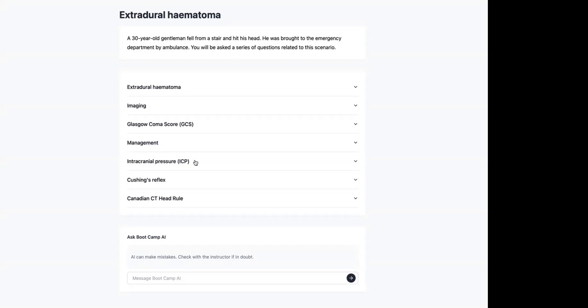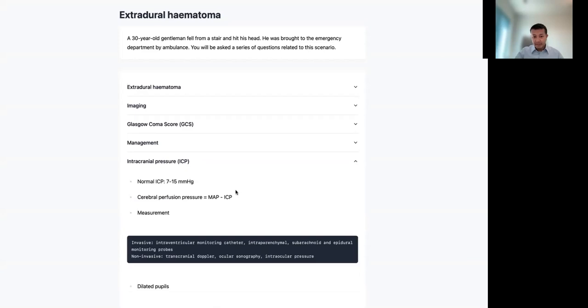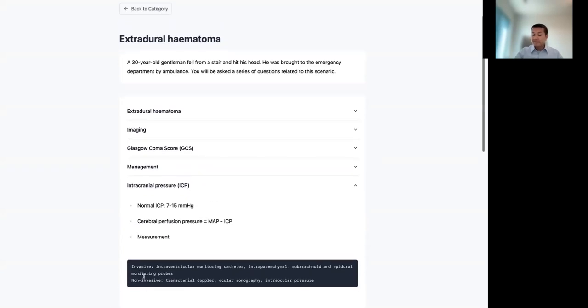So there are a few ways to measure it, both invasively and non-invasively. Normal ICP, as we said, is 7 to 15 mmHg. Perfusion pressure is the difference between the MAP and the ICP.